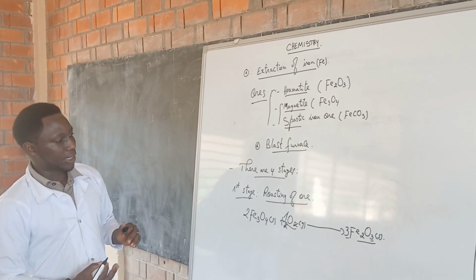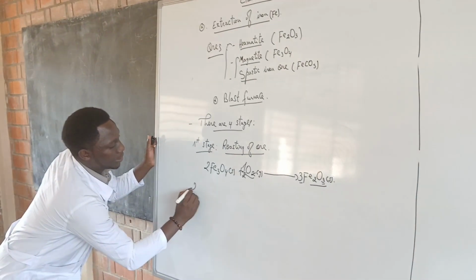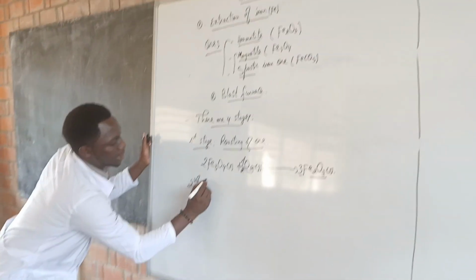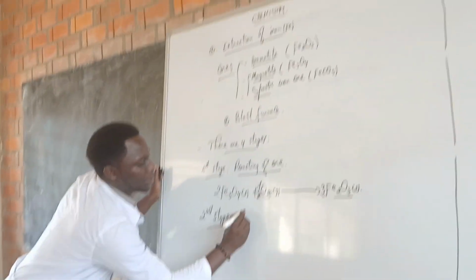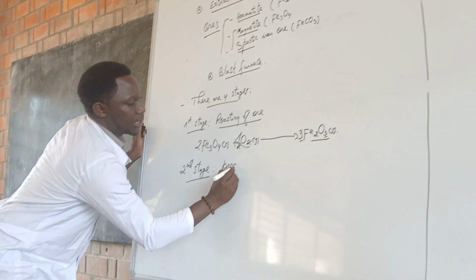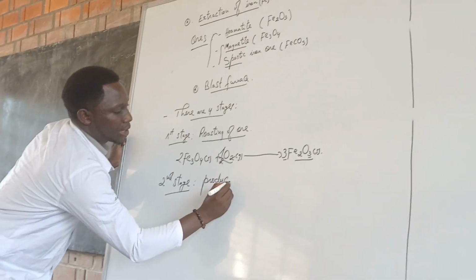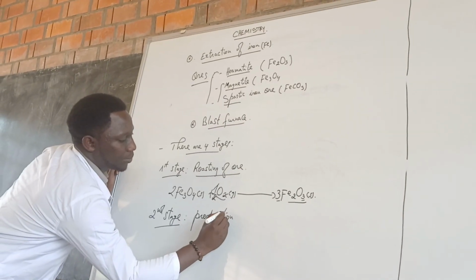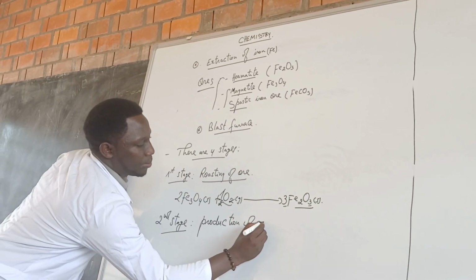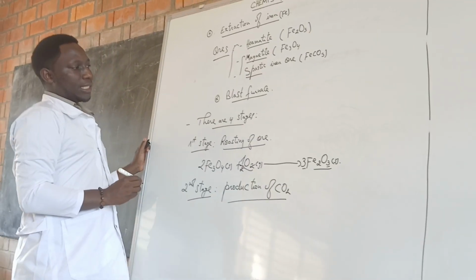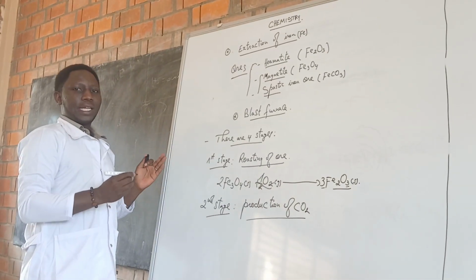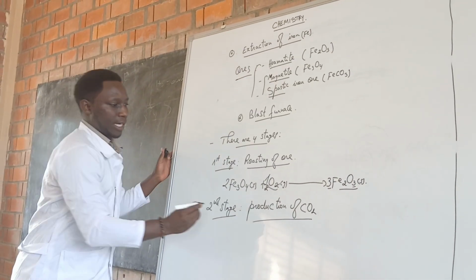The second stage is the production of carbon dioxide. When you are extracting iron, we need coke.